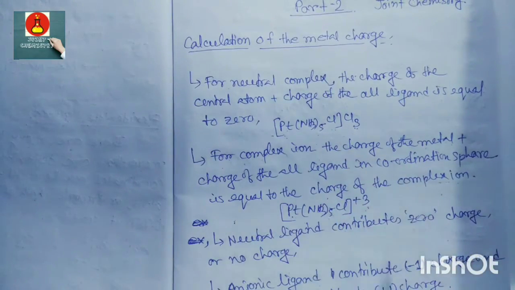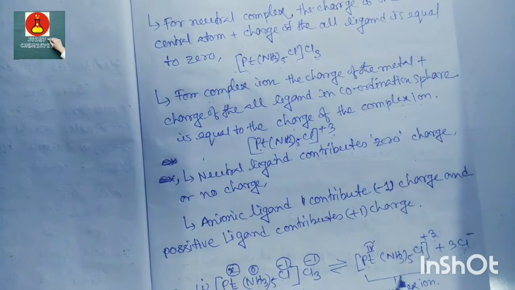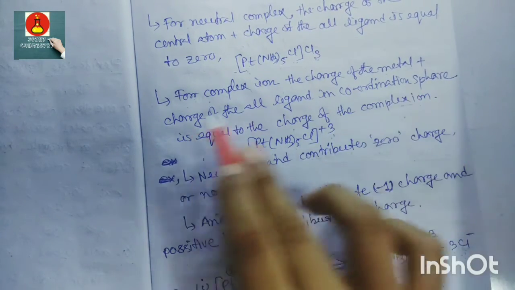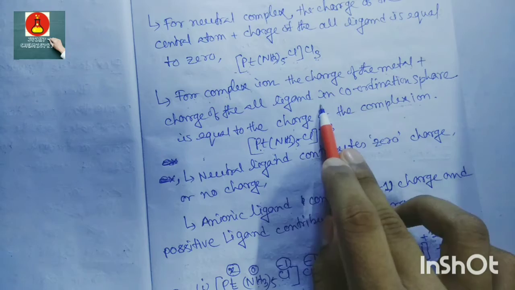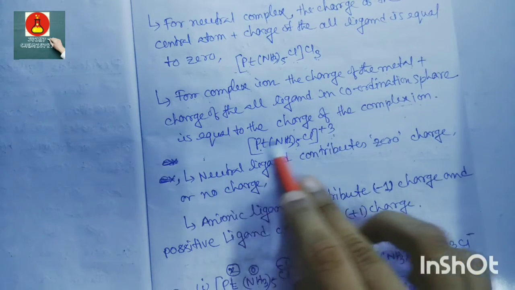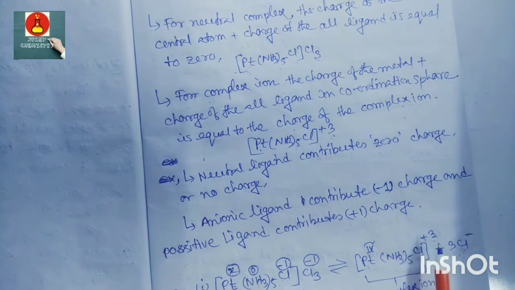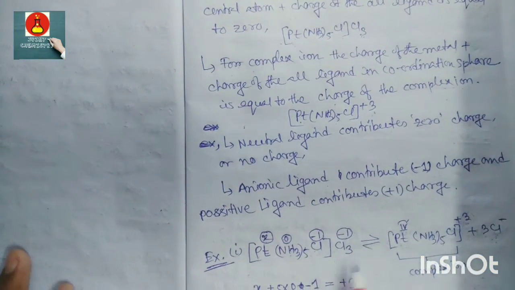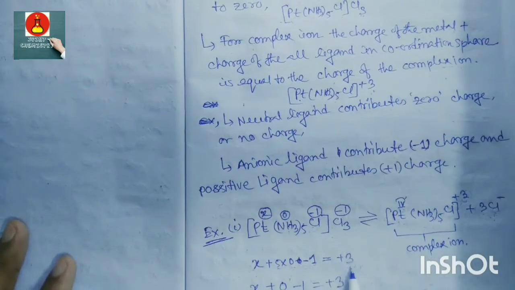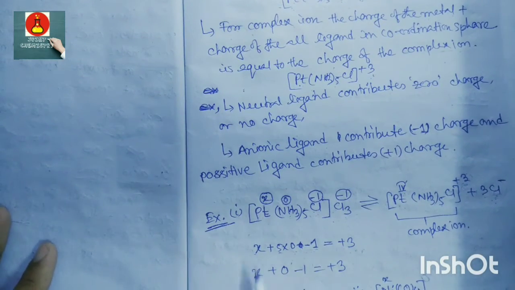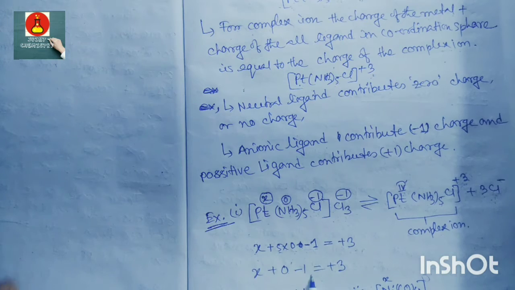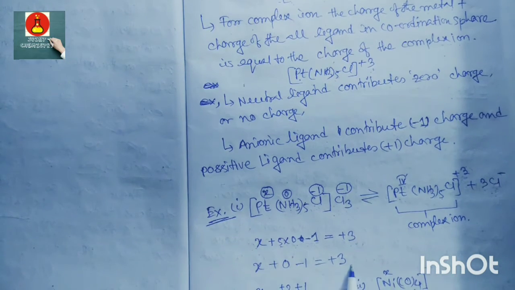For a complex ion, as you can see, the charge of this metal plus the charge of all the ligands in the coordination sphere is equal to the charge of this complex ion, which is plus 3. So the summation of all these charges is equal to plus 3, right? Now x plus 5 into 0, which is 0, minus 1 is equal to plus 3.